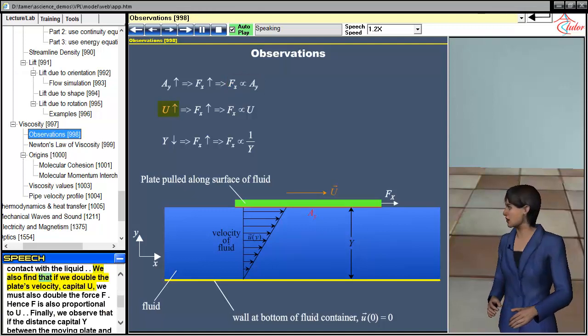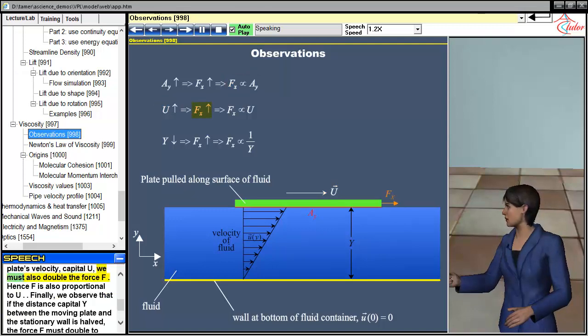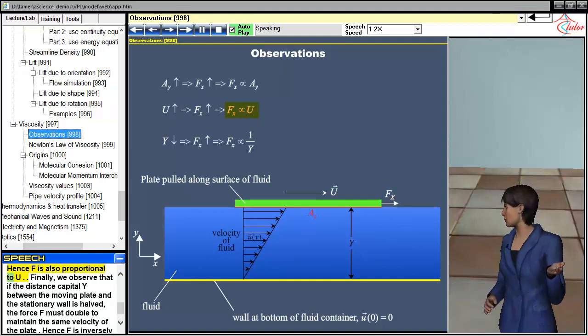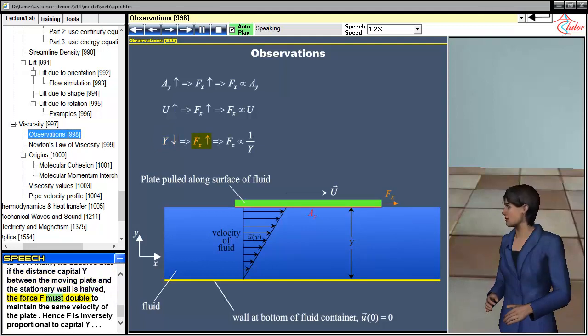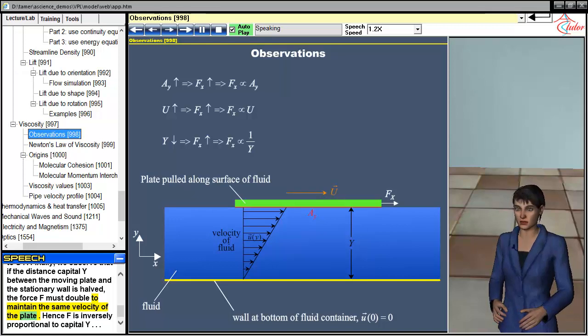We also find that if we double the plate's velocity, capital U, we must also double the force F. Hence F is also proportional to U. Finally, we observe that if the distance capital Y between the moving plate and the stationary wall is halved, the force F must double to maintain the same velocity of the plate. Hence F is inversely proportional to capital Y.